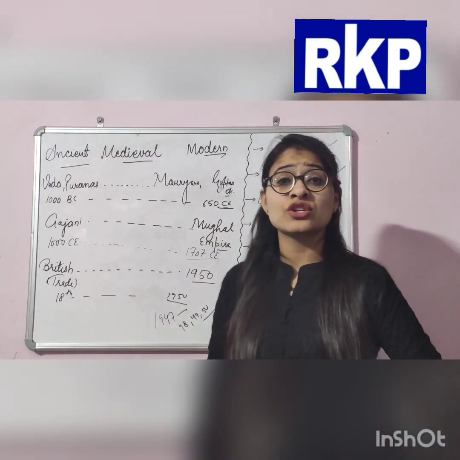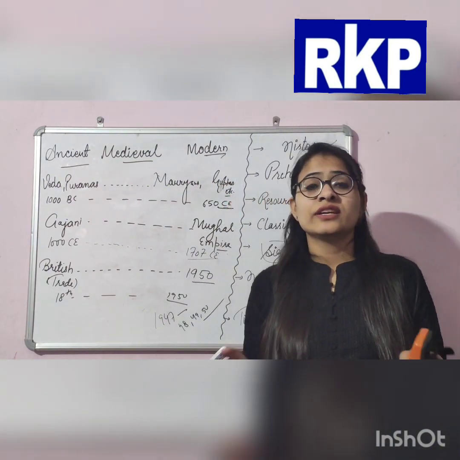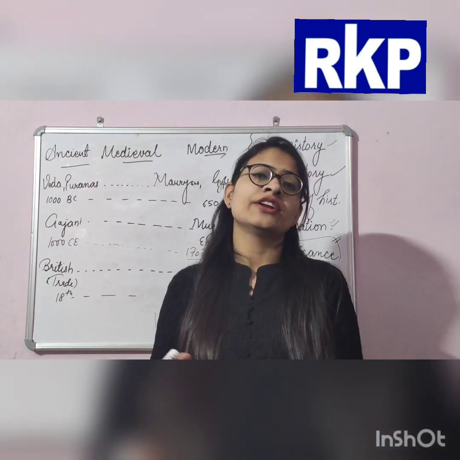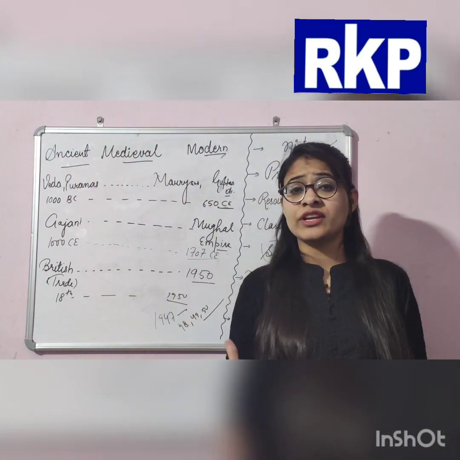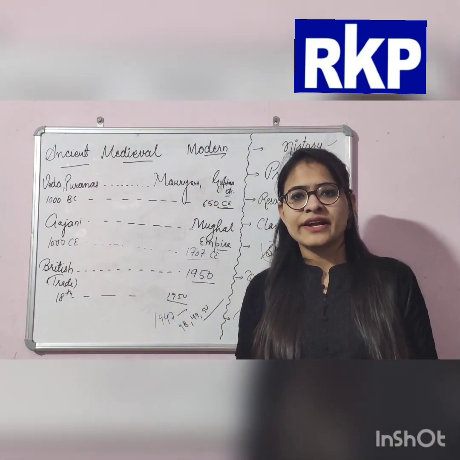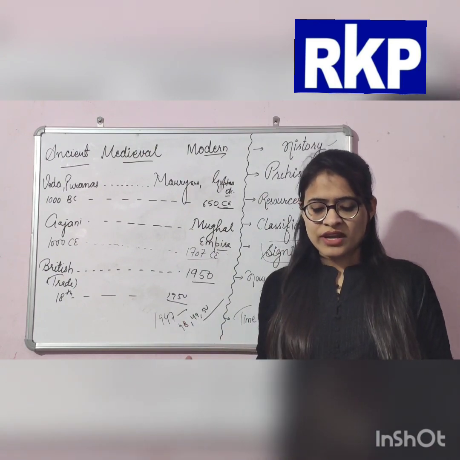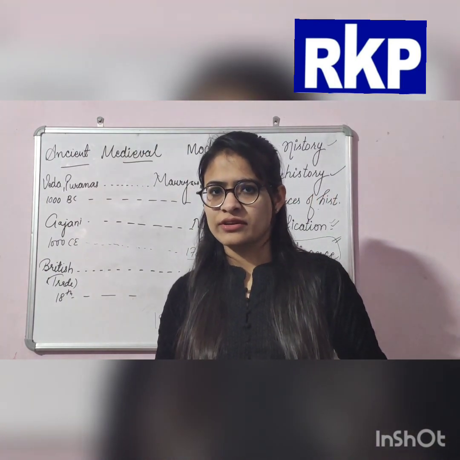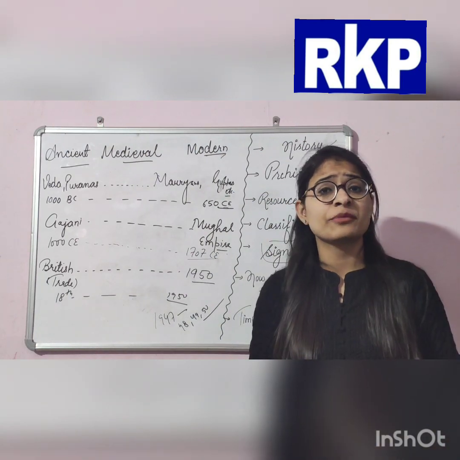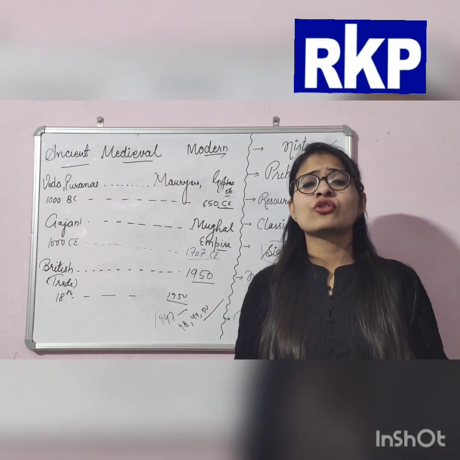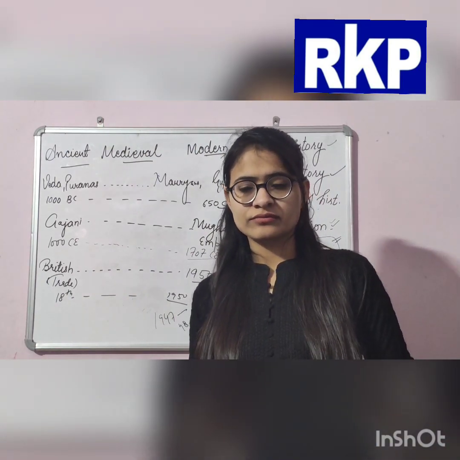Now, I am going to tell you why the years 1948, 1949 and 1950 are added in this history. As you know, in 1947, our country became free from the slavery of the British.